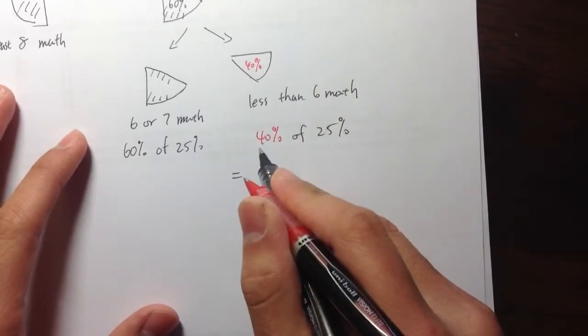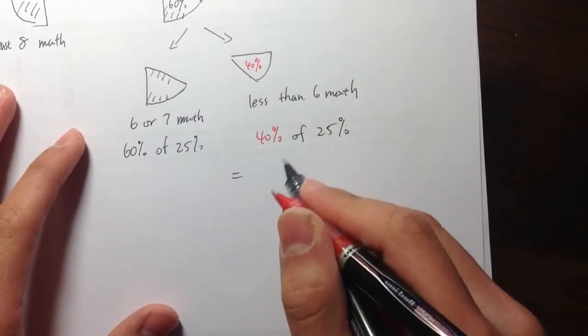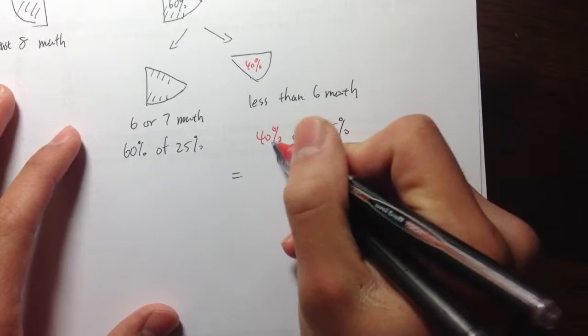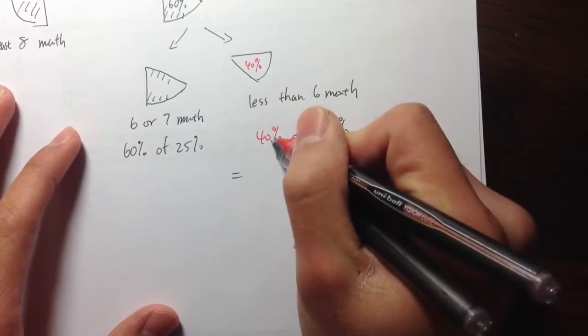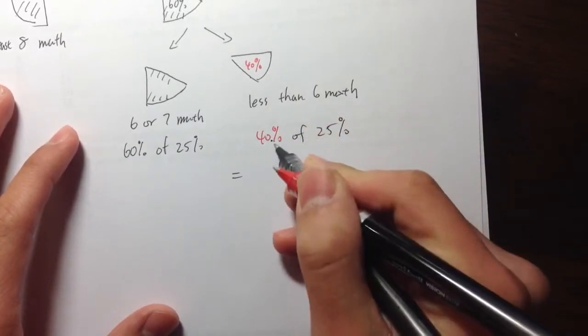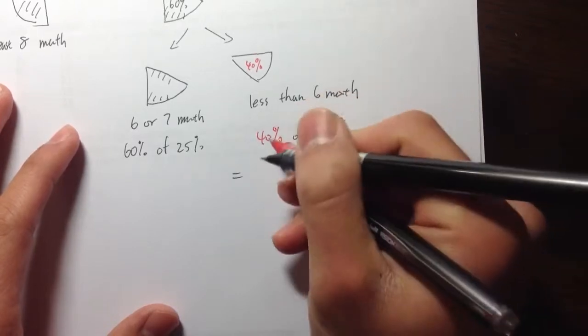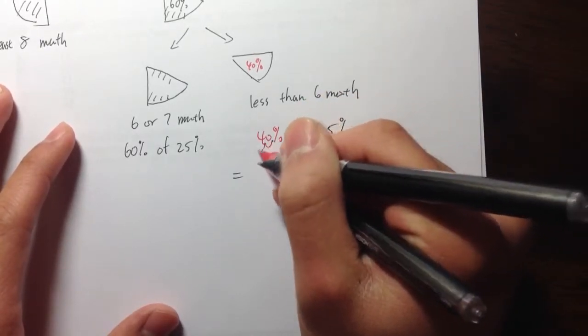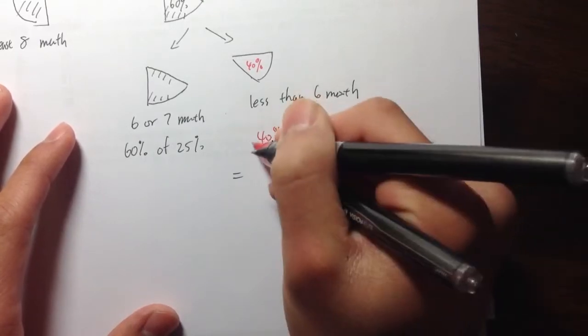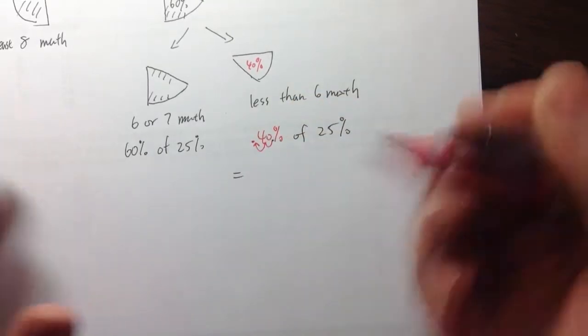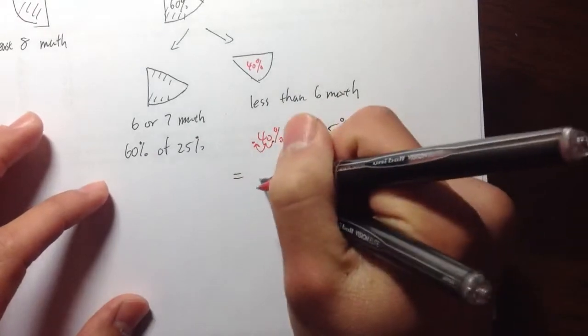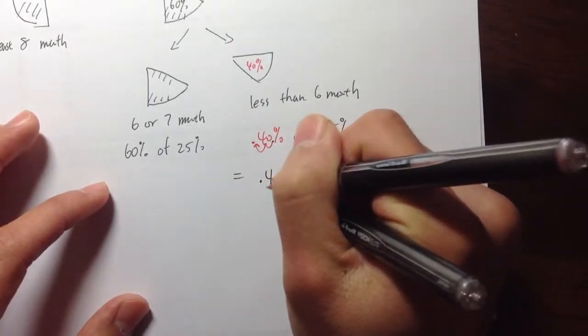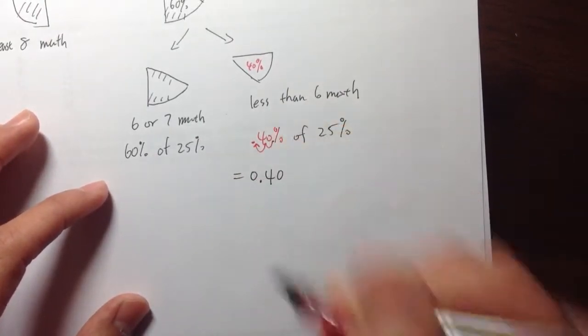So let me turn 40% into a decimal. 40% is a whole number, so originally the decimal point is right here. To change percentage to decimal, I need to move the decimal point once, twice to the left. So that's my new decimal point, right? So I have 0.40, and let me add a 0 in front of the decimal point.